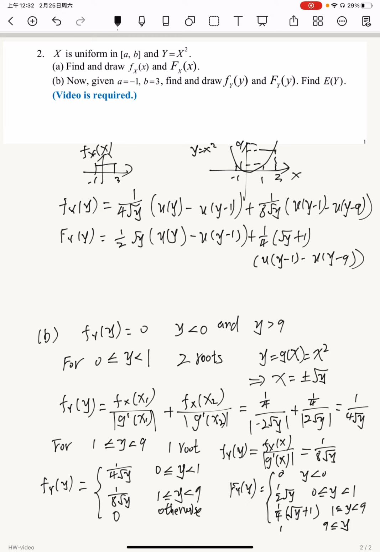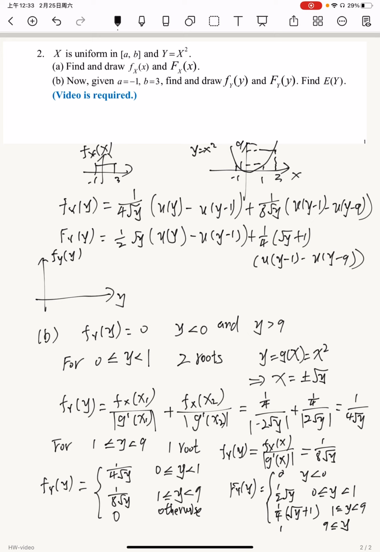So here are f_Y and capital F_Y. We can draw it like this. Here is y, and here is f_Y.